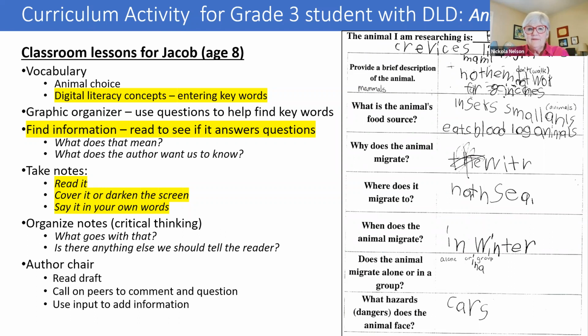writing process activity, the teacher and our speech language graduate students developed this planning sheet. So the animal that Jacob was choosing to write about, and by the way, Jacob started with us in the middle of grade 2. He was a very reluctant writer.